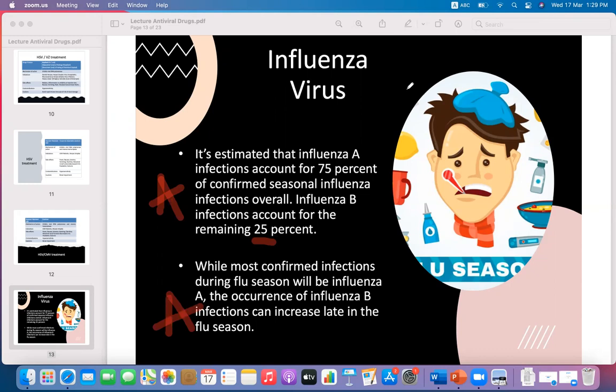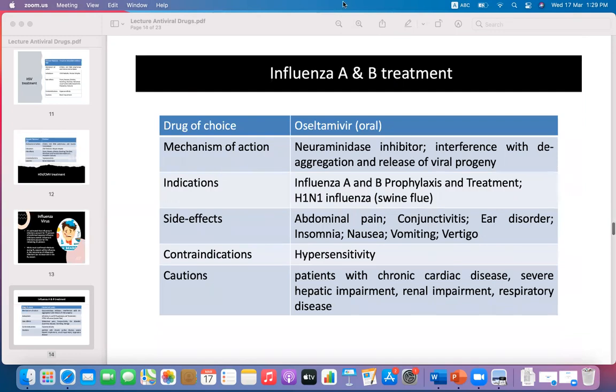Let us see the management of influenza A and B. The drug of choice for both influenza A and B: if there is a question, which one of the following is the drug of choice for the treatment or management of influenza A and B, the answer should be oseltamivir, which is available as an oral formulation.